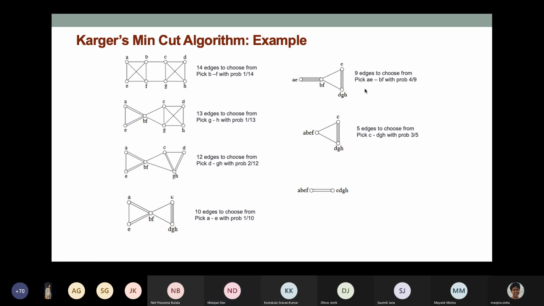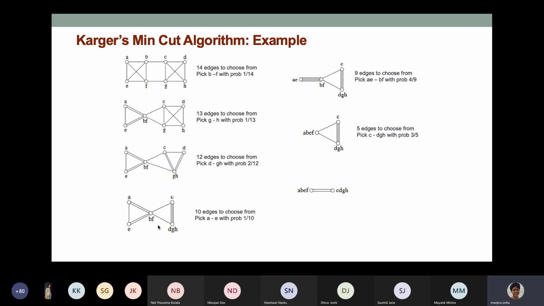Okay, ma'am. I'm on the left side, the last diagram. If we are going by higher probability, we should choose that C to DGH. Yeah, we can choose the C to DGH. The point is that the algorithm goes with picking an edge at random.